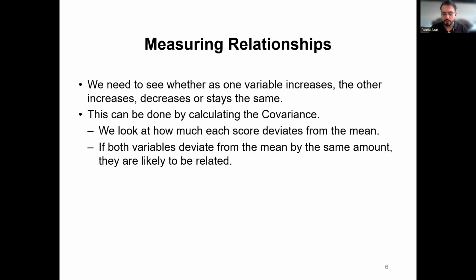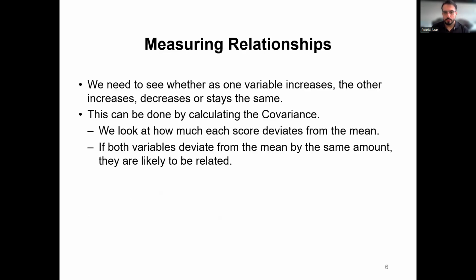When we say measuring relationships, associations, or correlations, we want to see whether, as one variable increases, what happens to the other variable. Does it increase or decrease, or does it stay the same, which shows there is no relationship between the two variables?